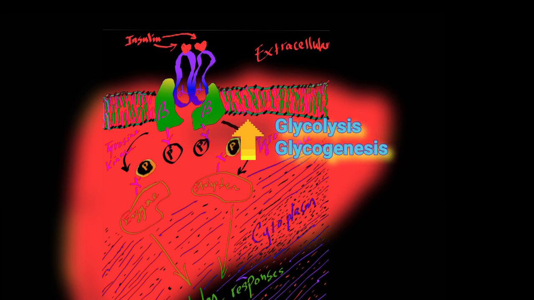So what we're going to talk about today is what has happened in the simple communication between the pancreas and a target tissue like the liver. Okay? First, the pancreas communicated with the liver through the hormone insulin.